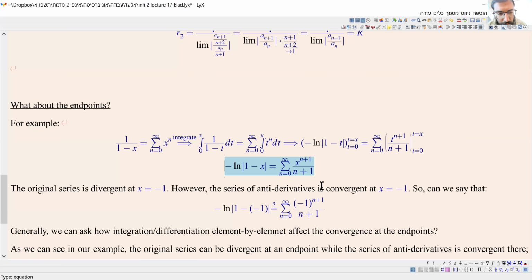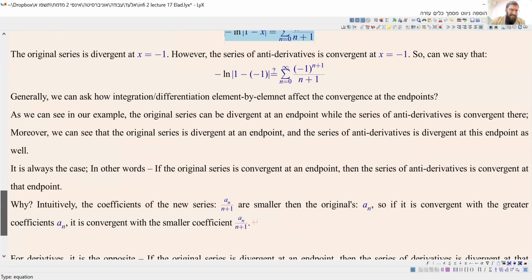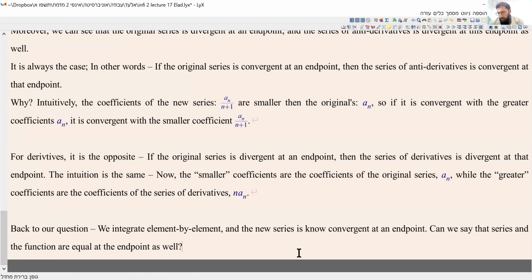So what can we say about closed segments that contain one of the endpoints? Now, if the series is divergent at an endpoint, it's not even pointwise convergence here. We have nothing to talk about.